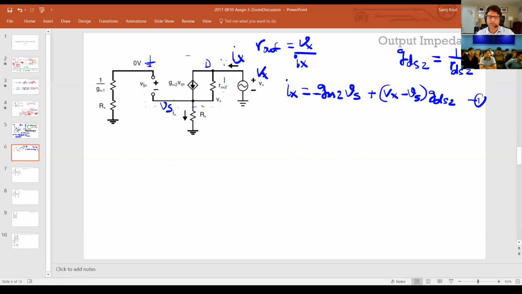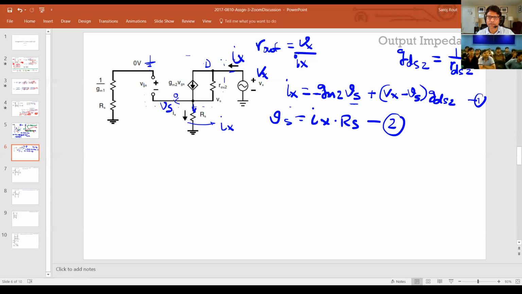And then the second equation is, because I want to eliminate this node Vs, and that's an easy one because whatever current is flowing through this, which is Ix in this node, has to all come out here, right? Because this current is 0, that means this current has to be Ix, which means that Vs is nothing but Ix times Rs. That's your second equation.